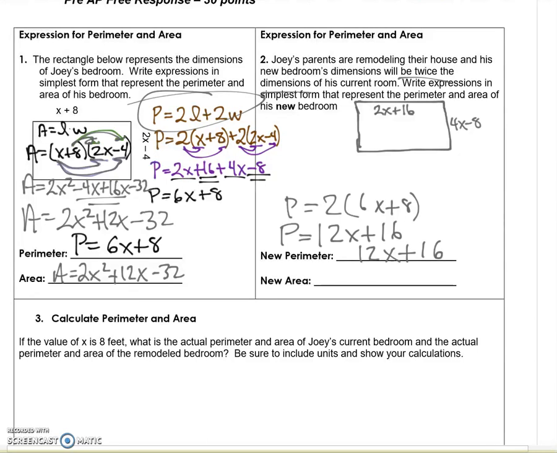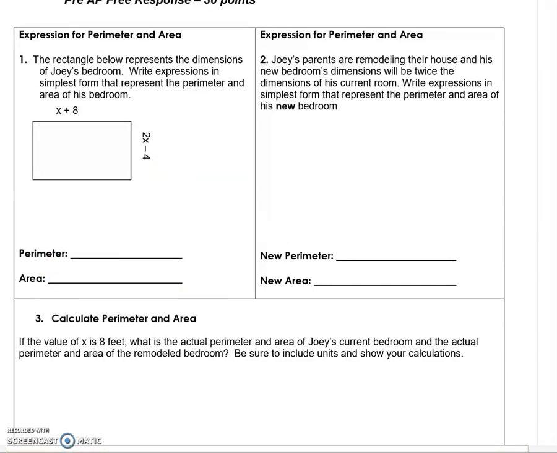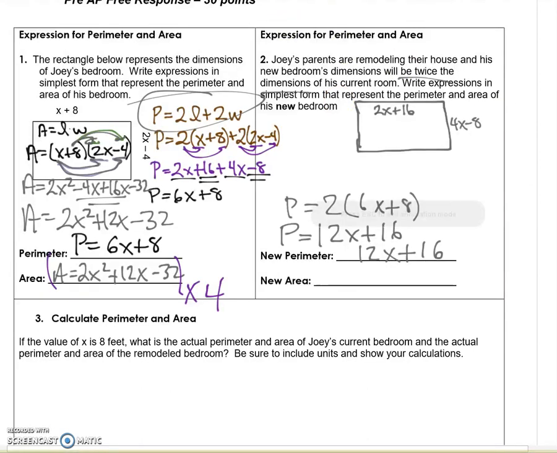And then for the new area, what I can do is take the original area and multiply it by 4, because if I double the dimensions, I am actually going to quadruple the area. So I need to multiply each of those terms from the original area by 4.